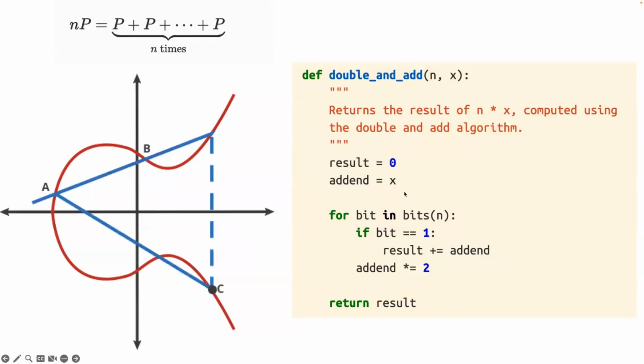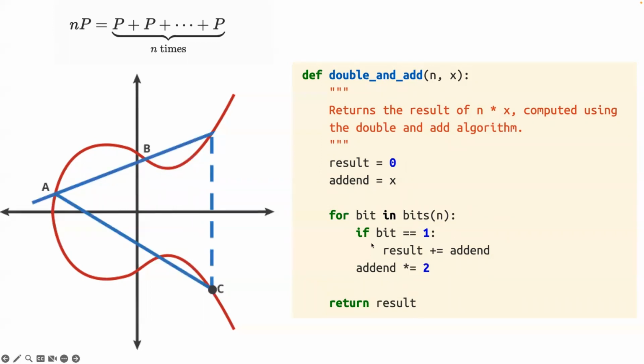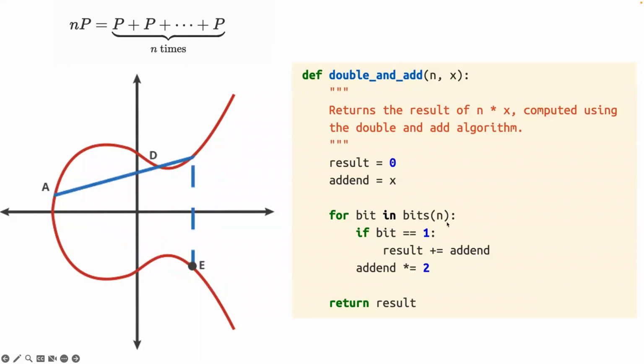You can compute x, 2x, 4x, and such. Then depending on whether the bit is set, if it's set, you add it to the final sum. When you iterate over all the bits of n in binary format, you get the final sum. Make sense so far?